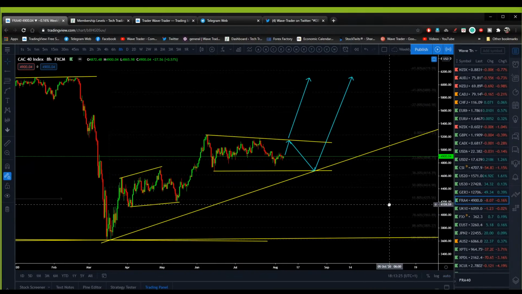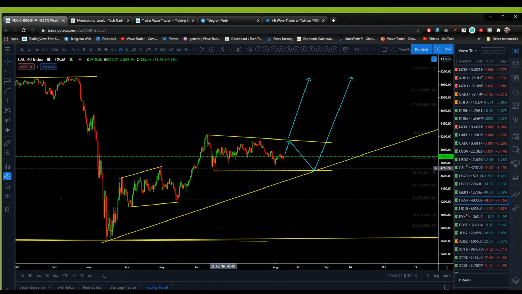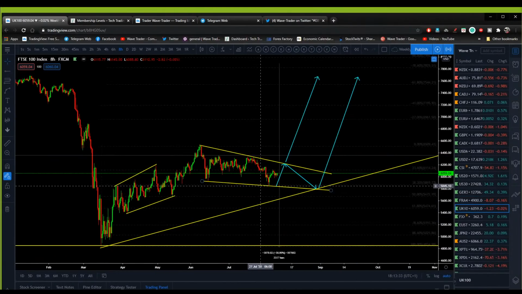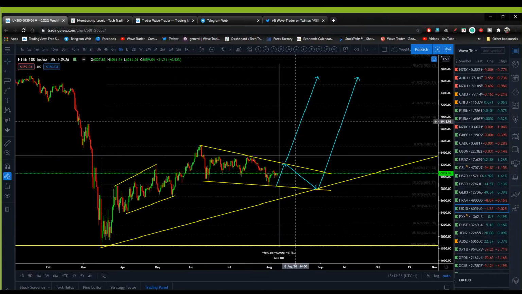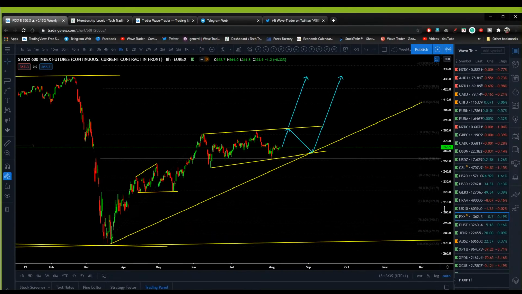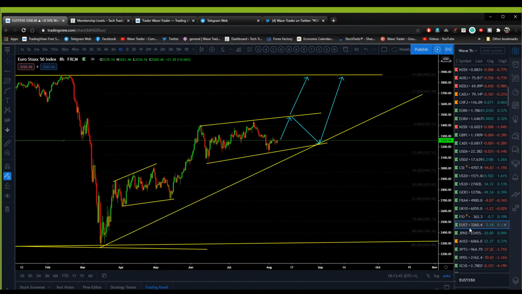CAC 40, keep pushing higher or test the previous low and go higher. UK 100 index, FTSE, hold the bottom, keep pushing higher. Stoxx 600, keep pushing higher slowly. And Euro Stoxx, keep pushing higher slowly.